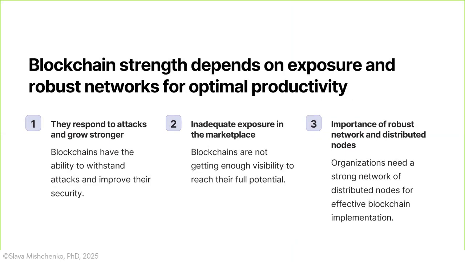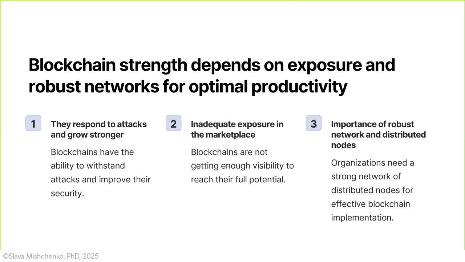And now let me explain an aspect of blockchain technology that makes it particularly resilient. One of its most remarkable features is what we call anti-fragility. As I said before, it's the ability to become stronger in response to attacks and challenges.